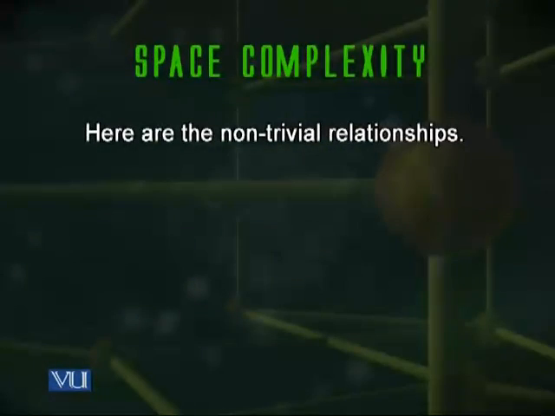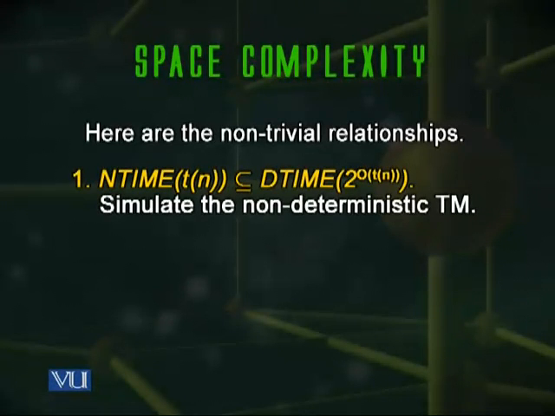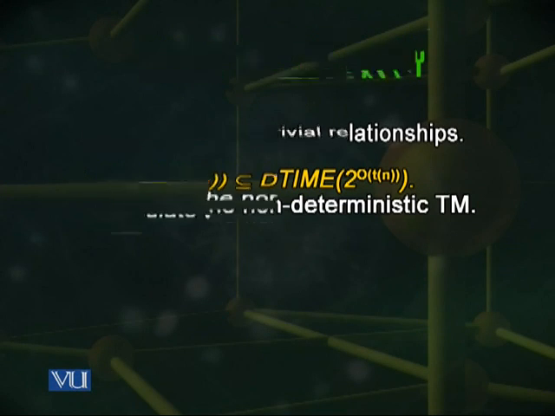Here are the non-trivial ones. The first one says that non-deterministic time t(n) is contained in deterministic time 2^O(t(n)). So, this statement says that you can get rid of non-determinism at an exponential cost in time.